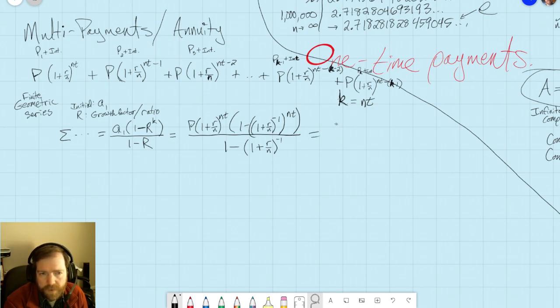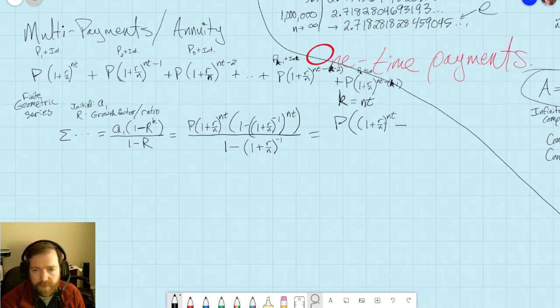Okay, so this is going to be P. The interior here is going to get multiplied by this thing. Now here, this is going to make this one a 1 plus R over N to the NT. This next part is going to be minus. This is 1 over that thing raised to the NT, and this is this thing raised to the NT. So those are exactly the same term. They're just going to divide out.